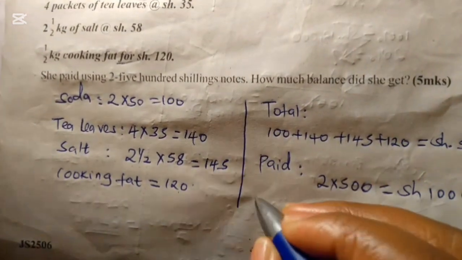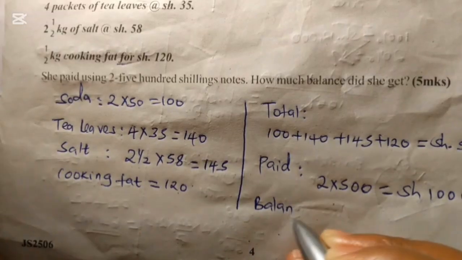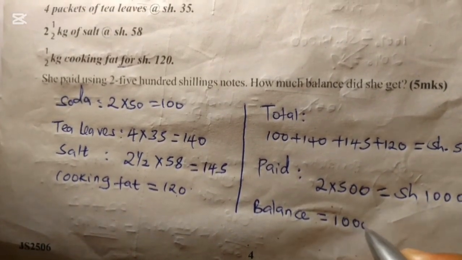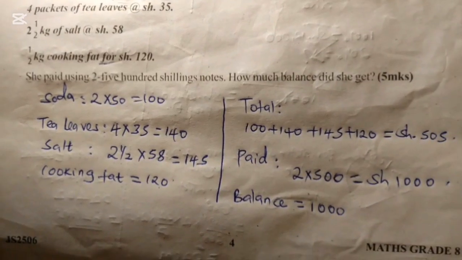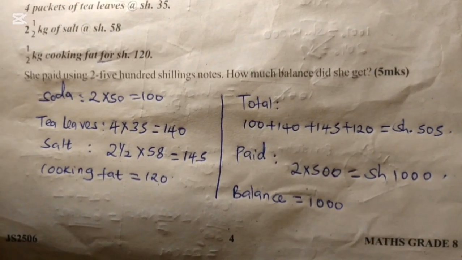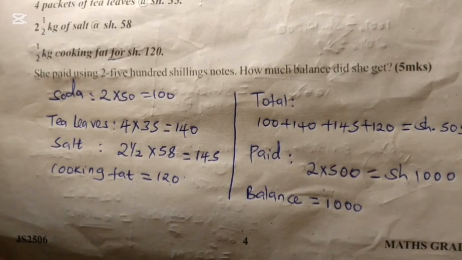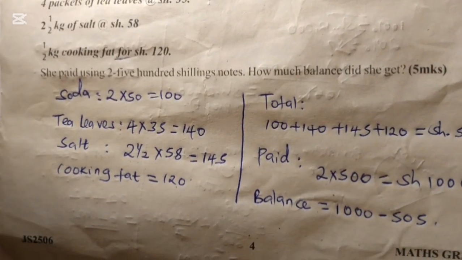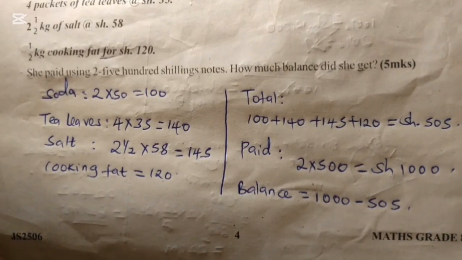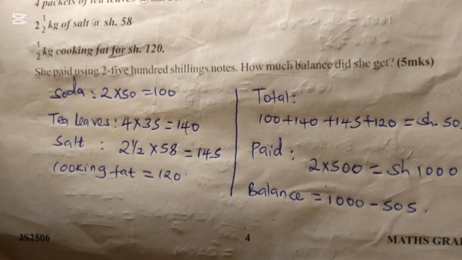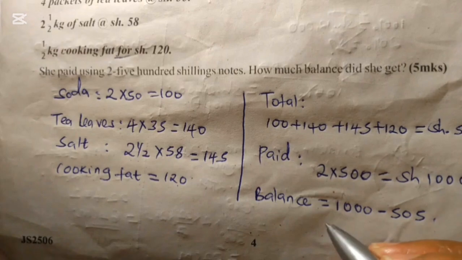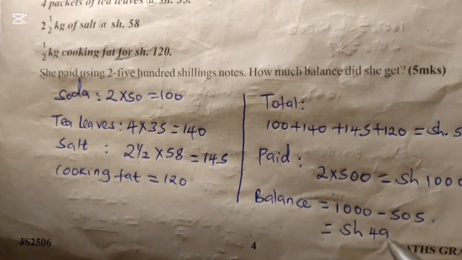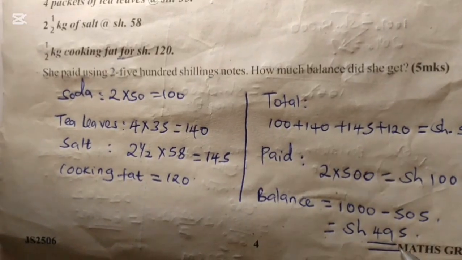Balance will be the amount of money paid, which is 1,000 shillings, as we have seen, minus the total cost. The total cost is 505 shillings, as we had seen earlier. And then this is supposed to give us 495 shillings as the balance.